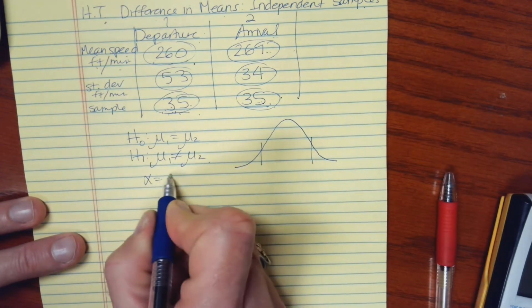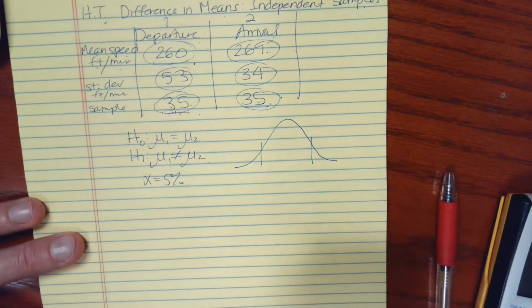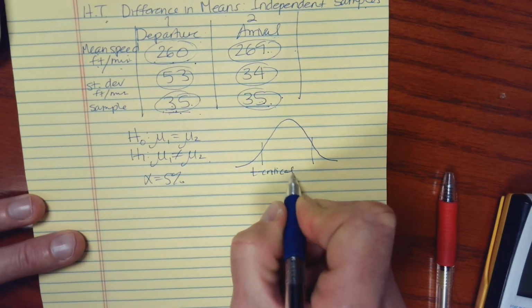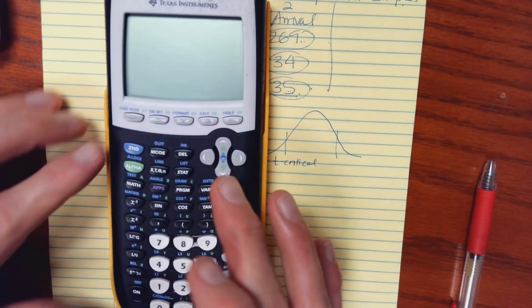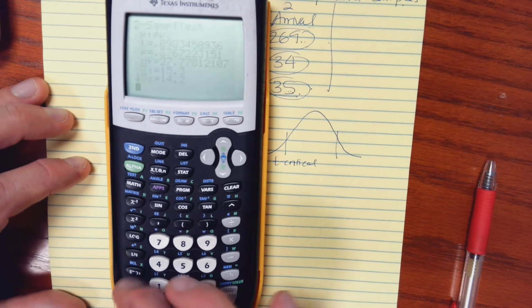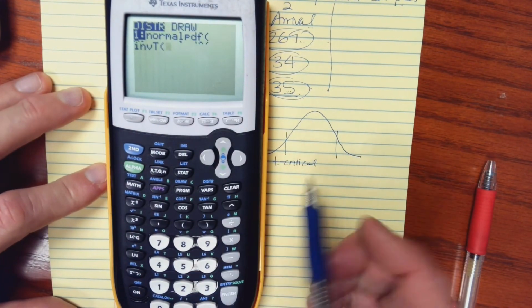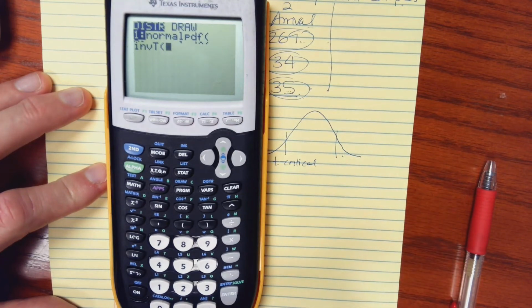Let's say we're going to use a 5% level of significance. Then I can find my critical values in the t-distribution by using my inverse t function found in the distribution menu, option number 4. And because I'm splitting alpha between the two tails, I need to use alpha over 2, so 0.025.